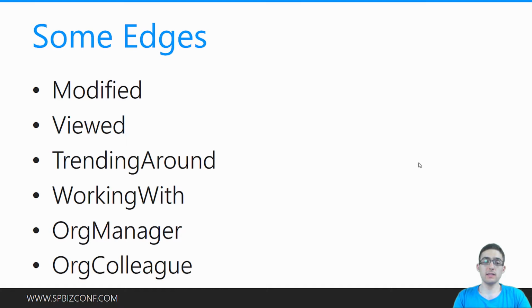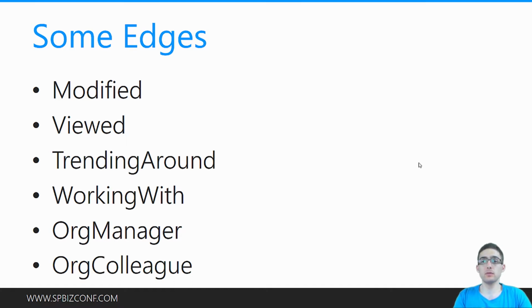Another insight relates to one of the issues with the user profile service from SharePoint 2010, 2013, and so on: people never actually kept their profile and the people they are working with updated.